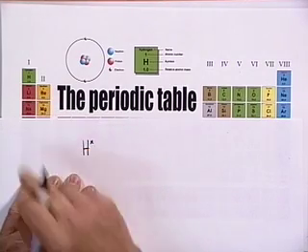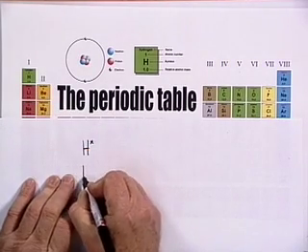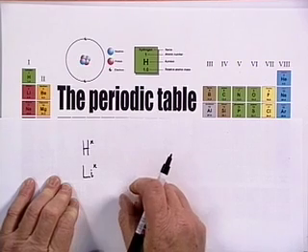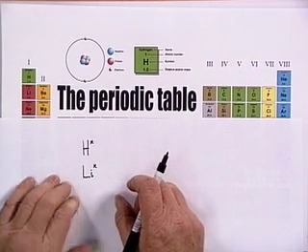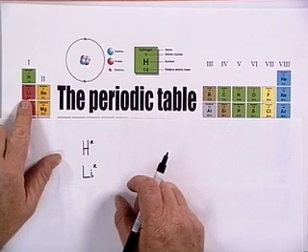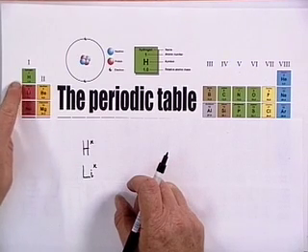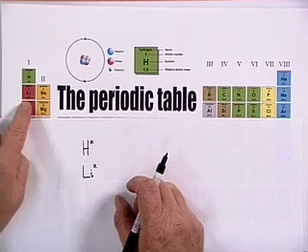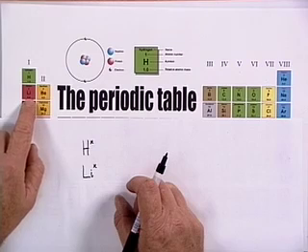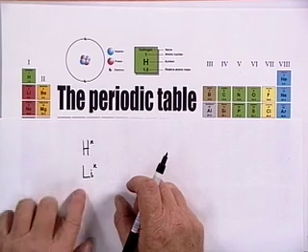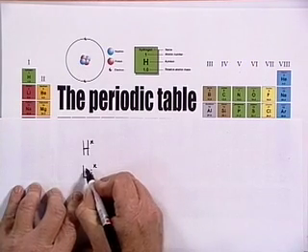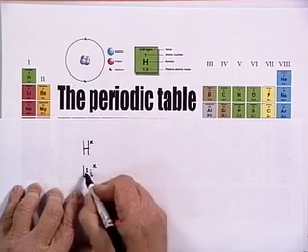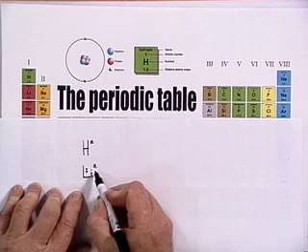Now let's take lithium. Lithium is element number 3, in group 1. It has only one valence electron, so it is similar to hydrogen. Even though it has 3 electrons, we're ignoring the 2 that sit very close to the nucleus, and we're just showing the outer electron.